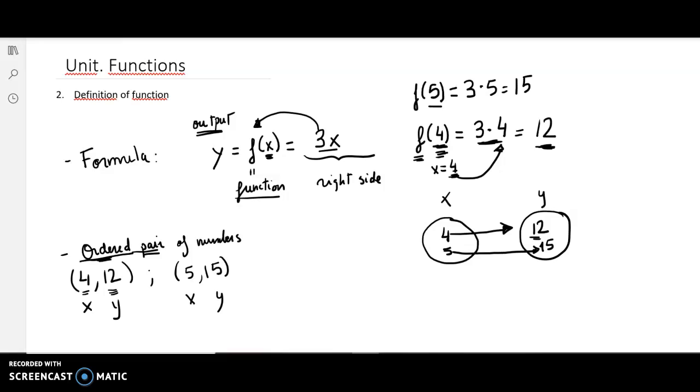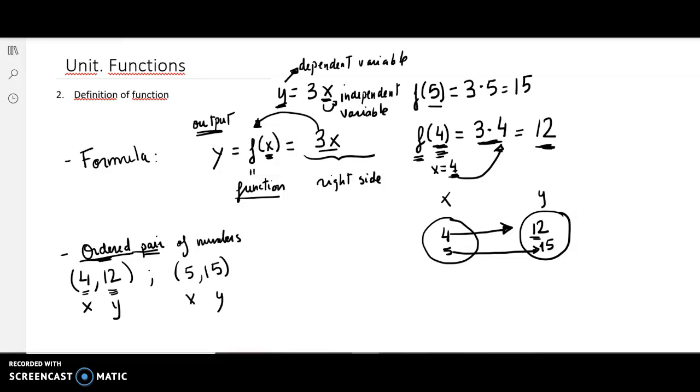Good. I forgot telling you that in a formula, the y is a letter called the dependent variable. And the x, another letter, is called the independent variable.